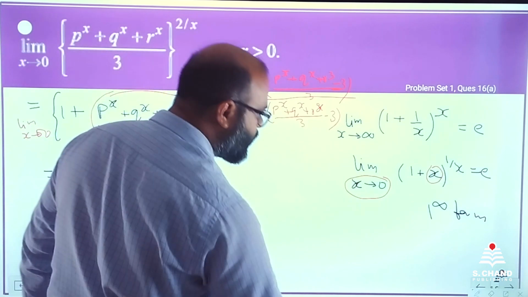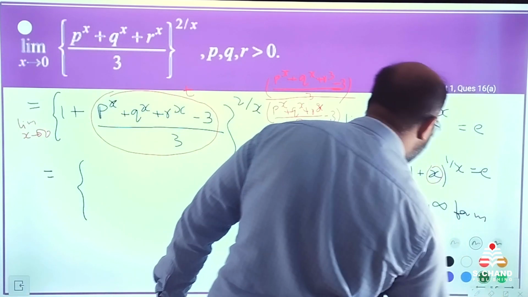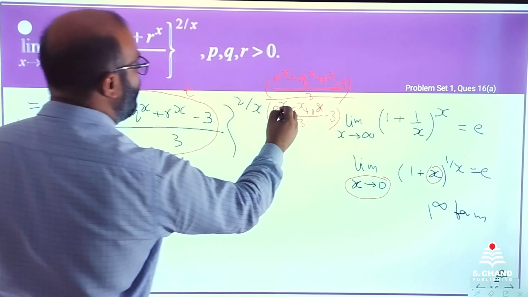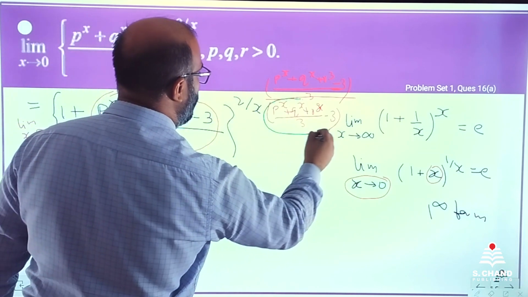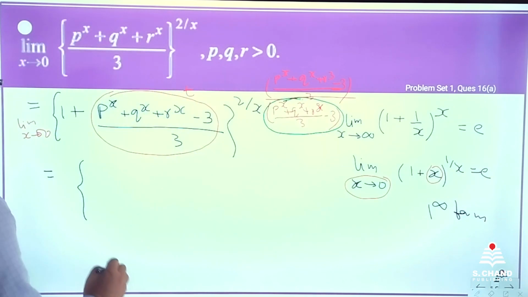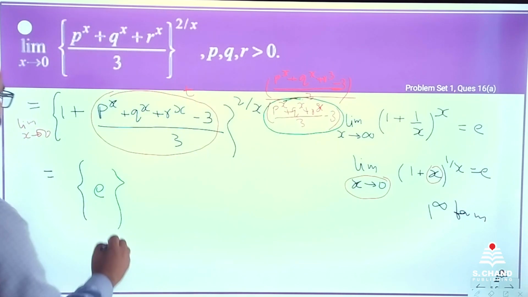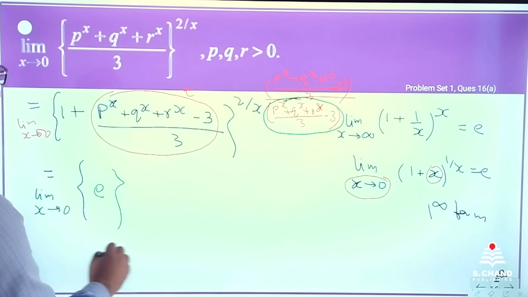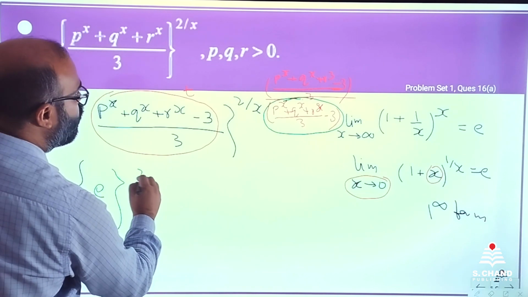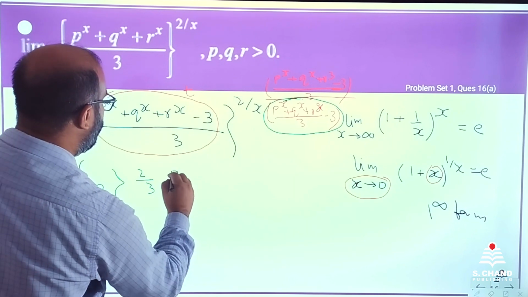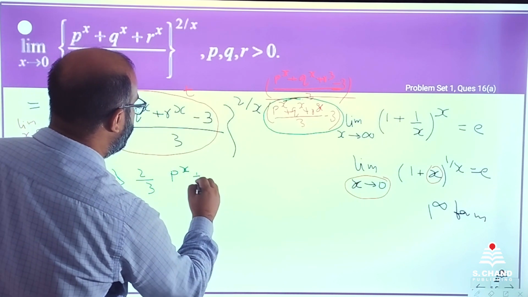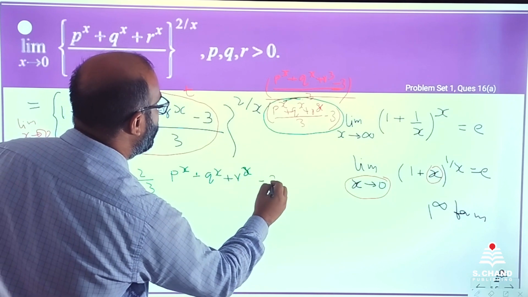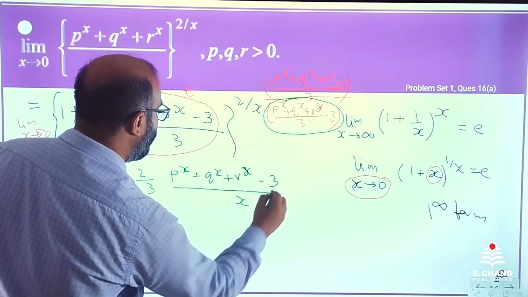Now when we do this, in the next step, this term is 1 plus t to the power 1 by t, which is e. So e is coming here with limit x tending towards 0. What is remaining is 2 by 3 times p to the power x plus q to the power x plus r to the power x minus 3, by x. This is what is remaining here.